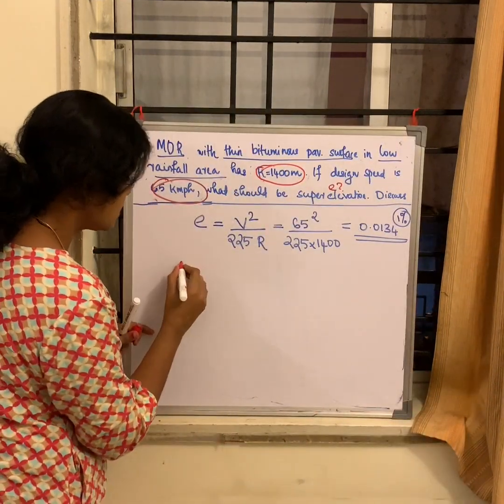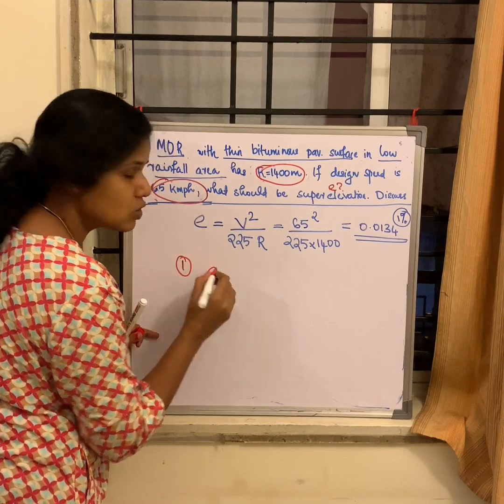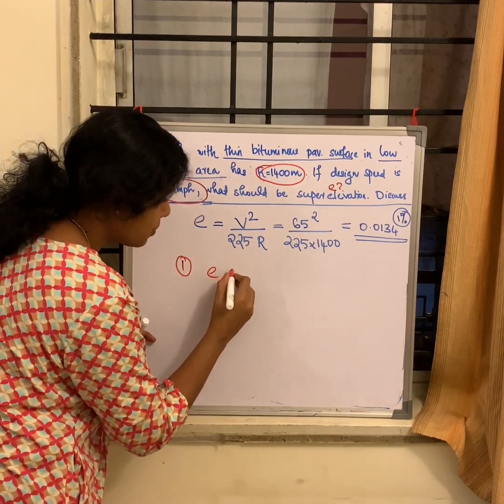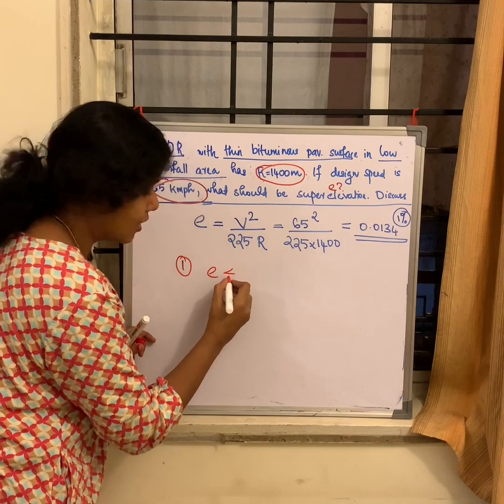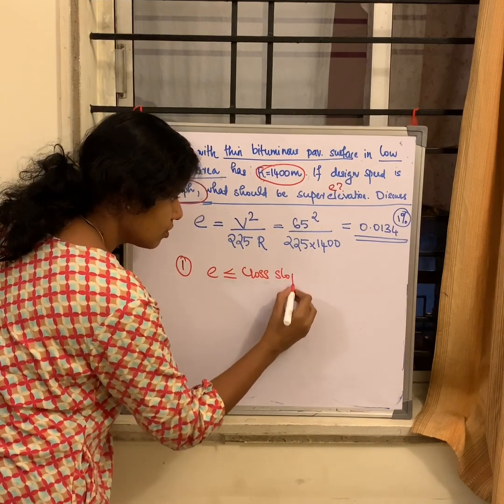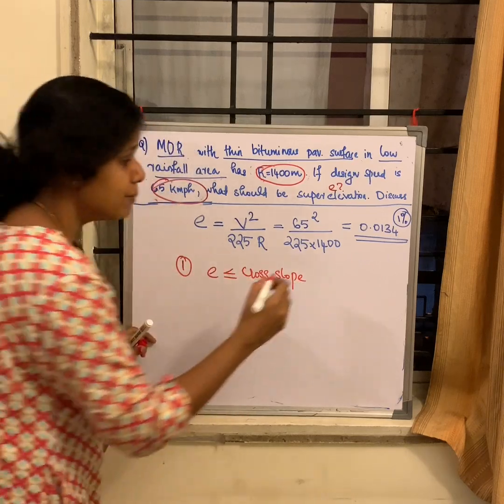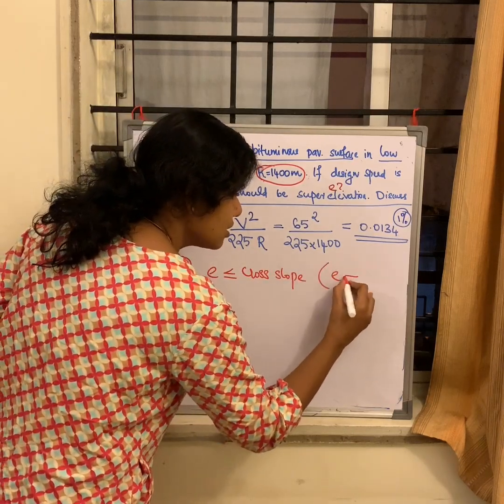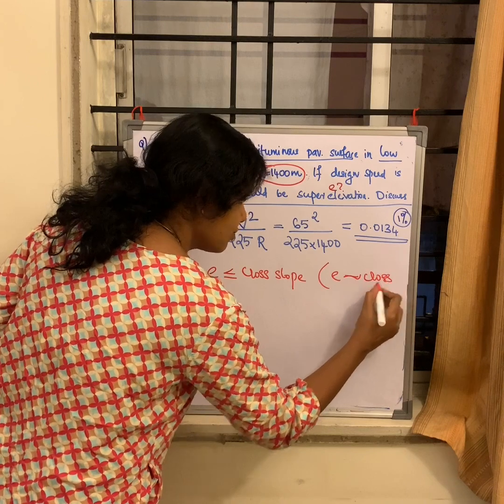The first thing was to check your super elevation value. If the super elevation value is lesser than or equal to the cross slope or the camber, then you can limit your super elevation to the value of the cross slope itself.